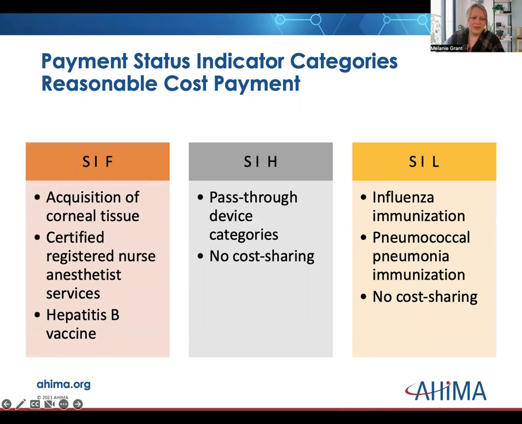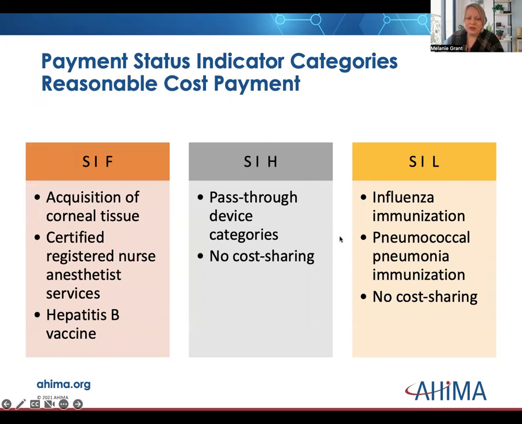For reasonable cost payments, a status indicator of F, H, or L will be listed for different types of services. This first one here gives us some examples of the acquisition of corneal tissue, certified nurse anesthesia service, or a hepatitis B vaccine.